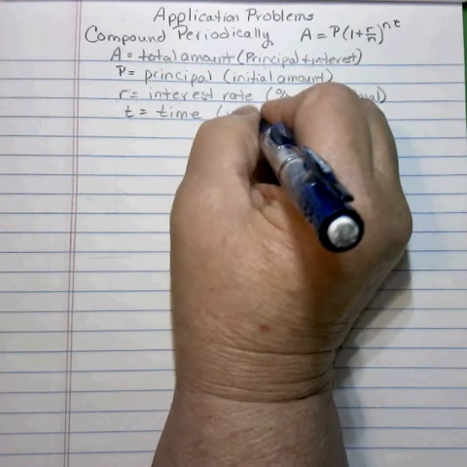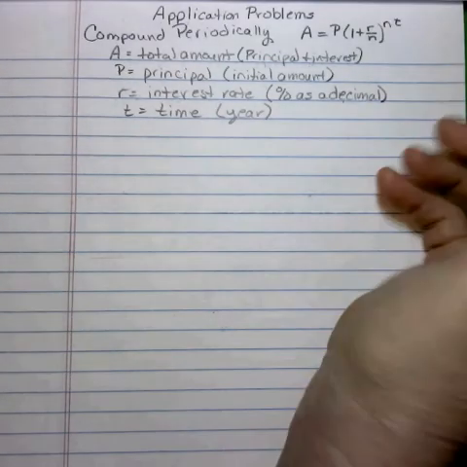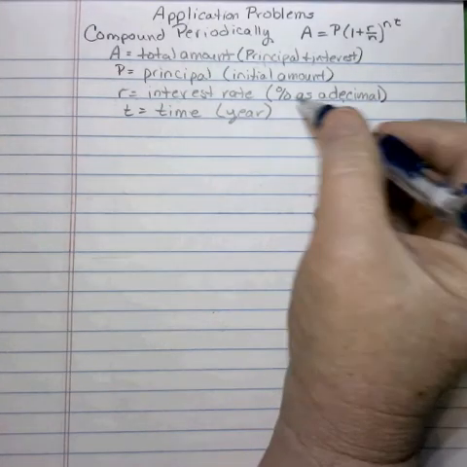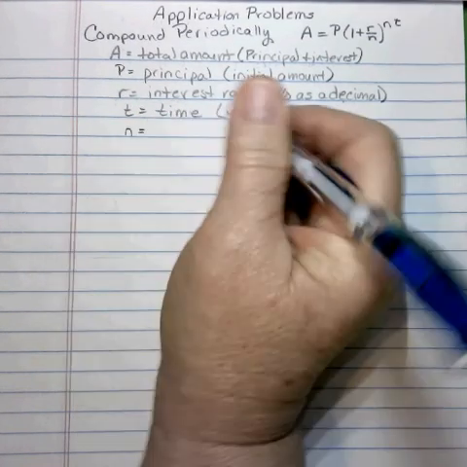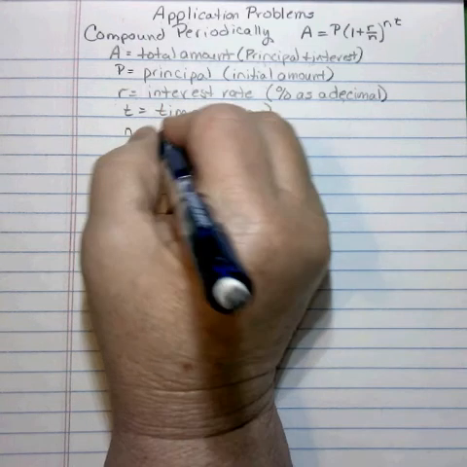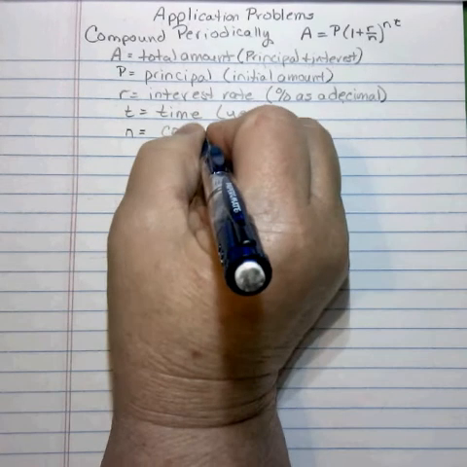So if it's given to you in months, you would need to do however many months out of 12. So you need to think about that. The N represents the number of times compounded during the year.